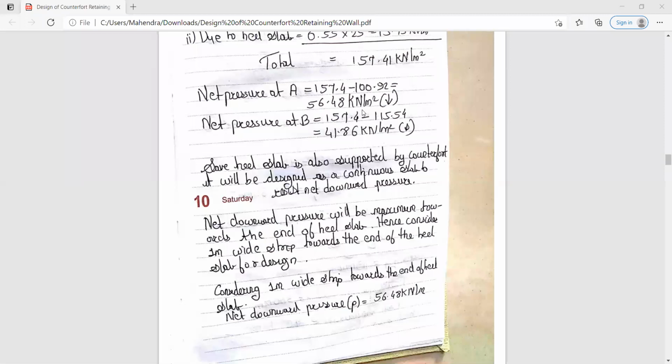After completing this much, let me know so that we can proceed with the moment calculations. Have all of you done up till here?